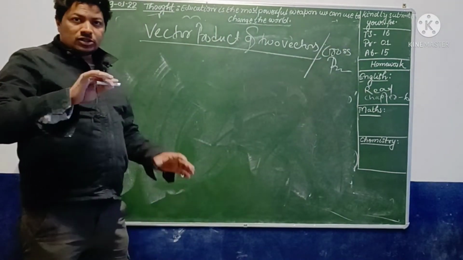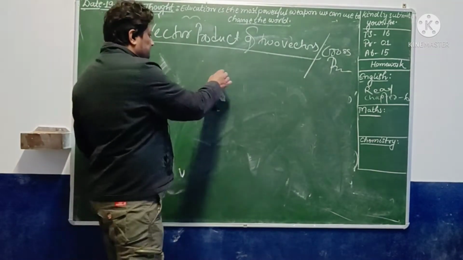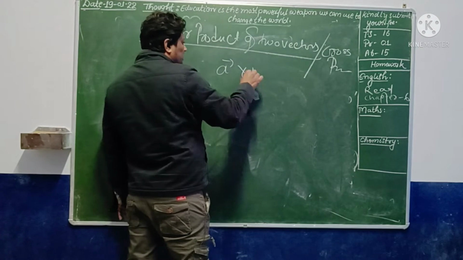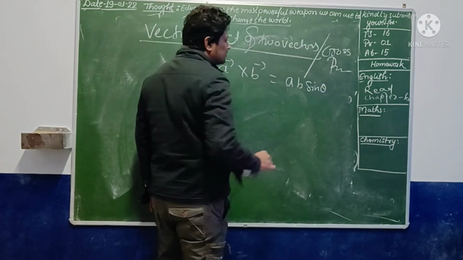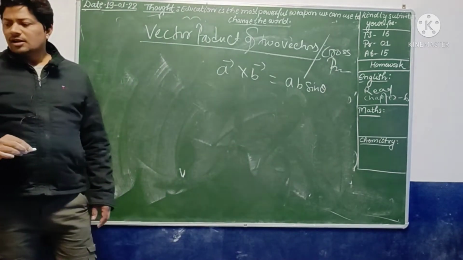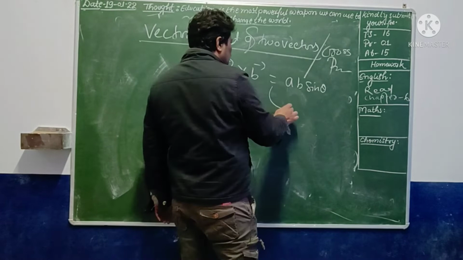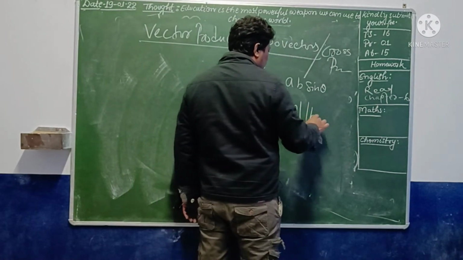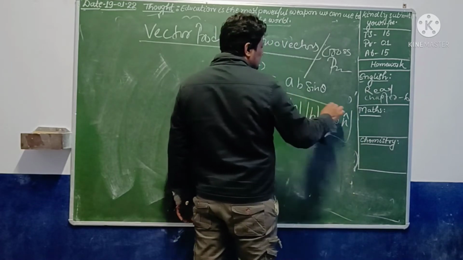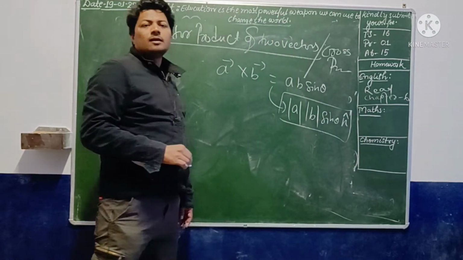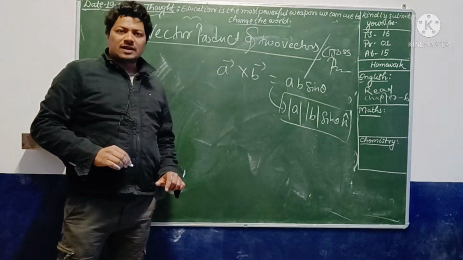So A cross B is AB sine theta, equal to mod A mod B sine theta and N cap. Clear? This one is about the cross product of the vector.